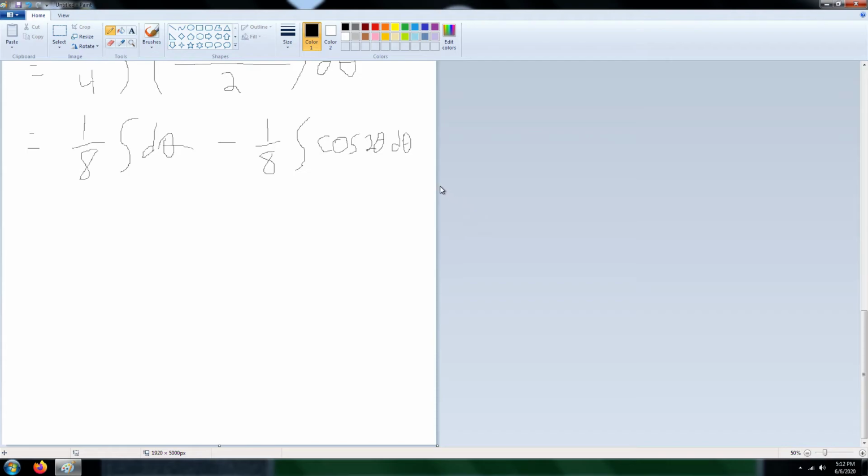Okay. And of course, we know that this is going to be 1/8 theta. It's really hard to use a mouse and write on electronic paper.